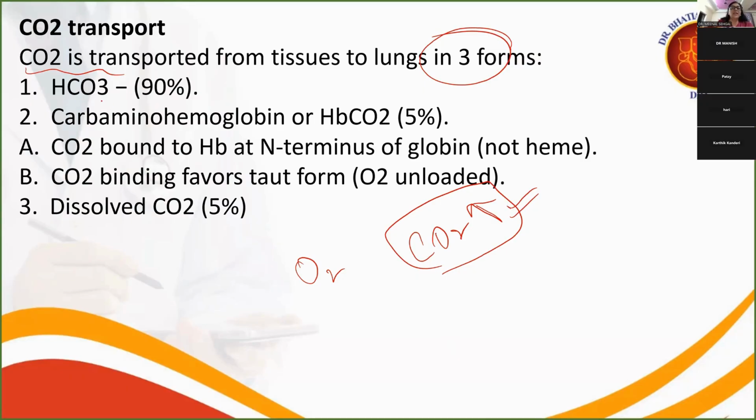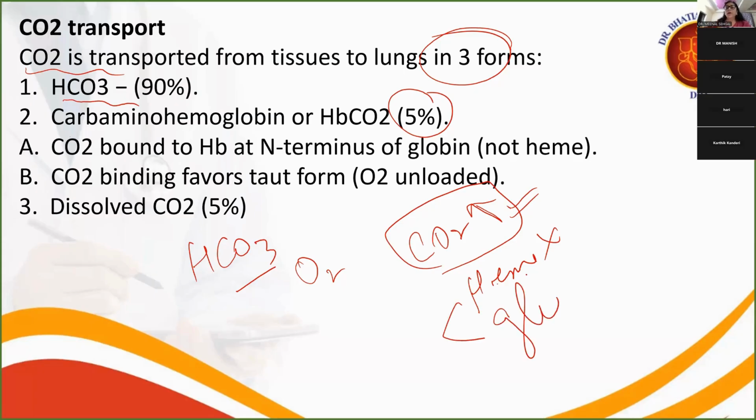90% is transported as bicarbonate, that is HCO3, bicarb. And the remaining 5% is bound to the hemoglobin, but it is not bound to the heme component like oxygen. It is bound to the globin component, and that is known as carb-amino-hemoglobin.